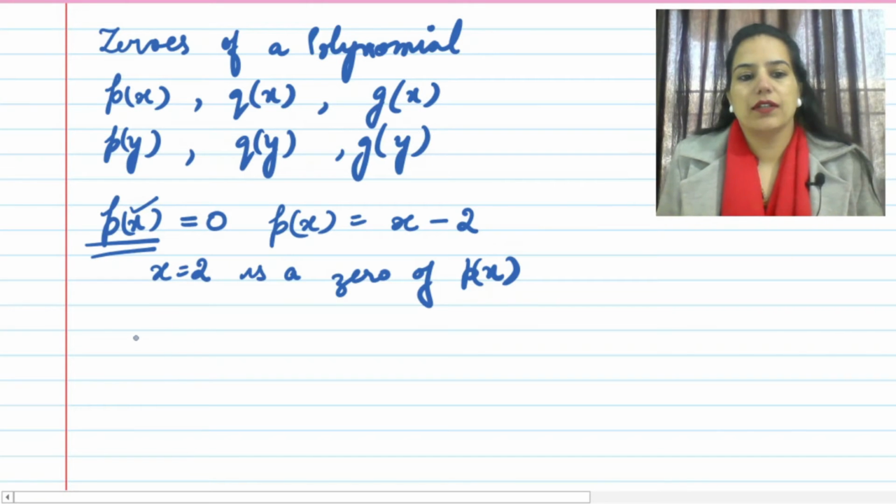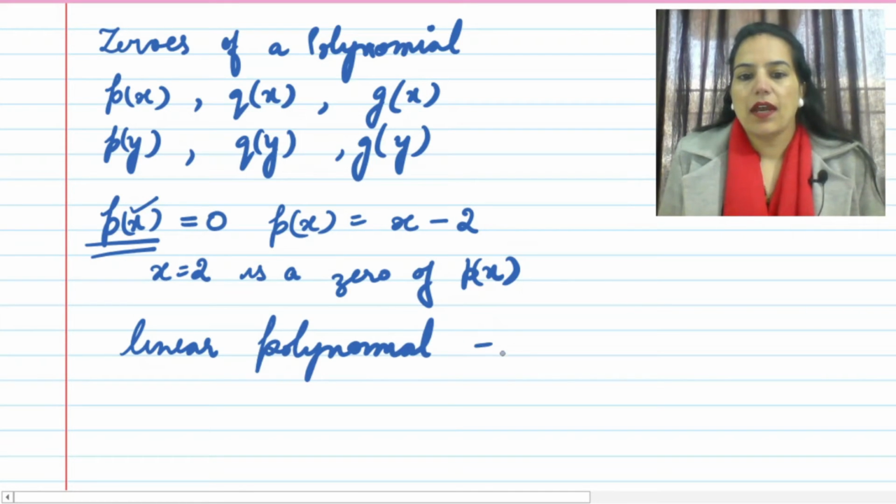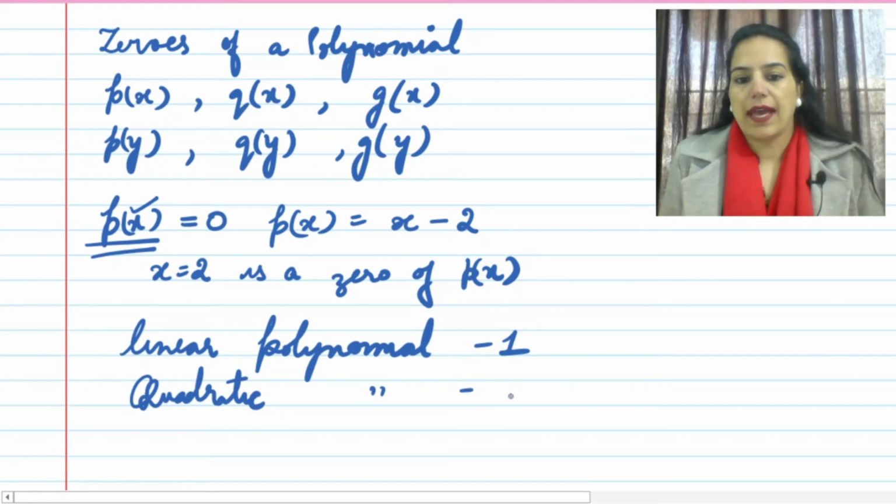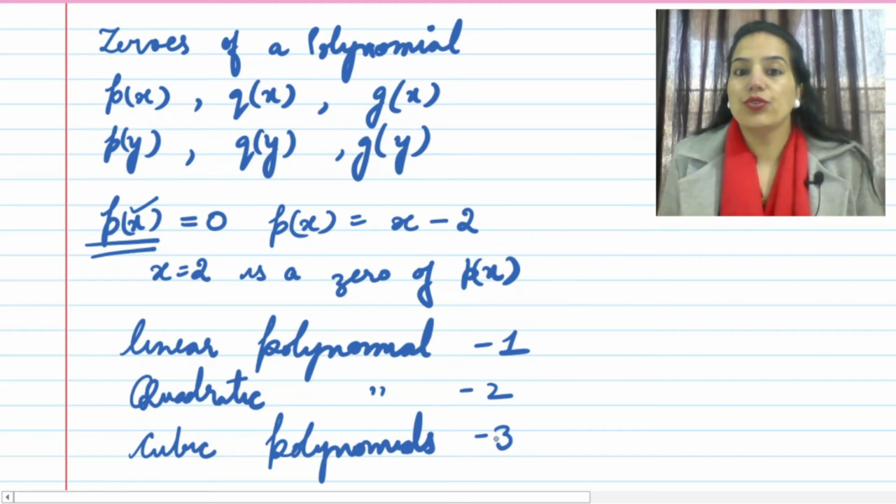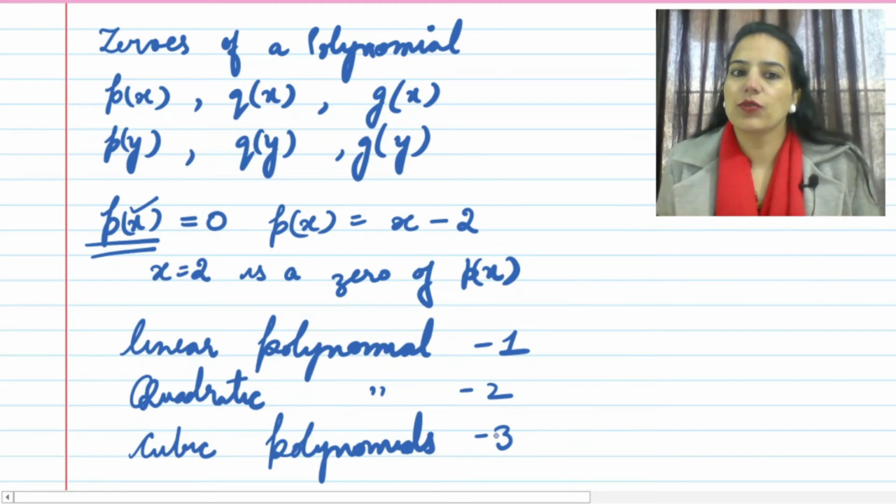One more thing here: a linear polynomial will have only one zero, a quadratic polynomial will have two zeros, and a cubic polynomial will have three zeros. So looking at the expression, you should know how many zeros that polynomial has.